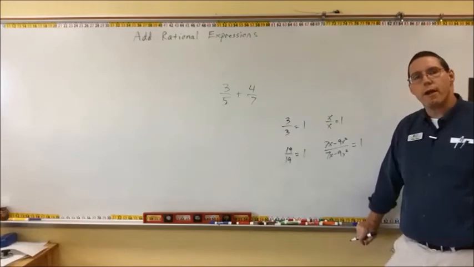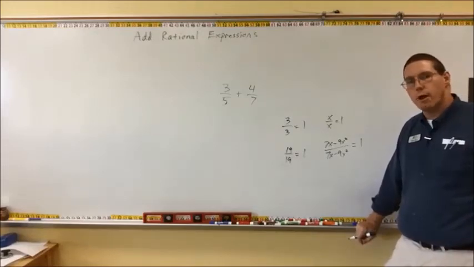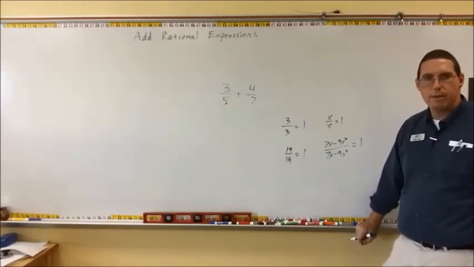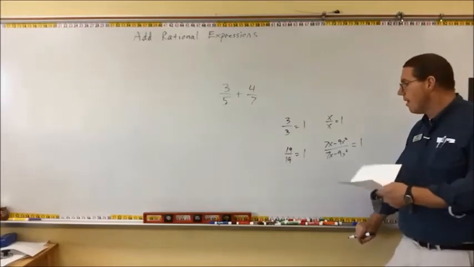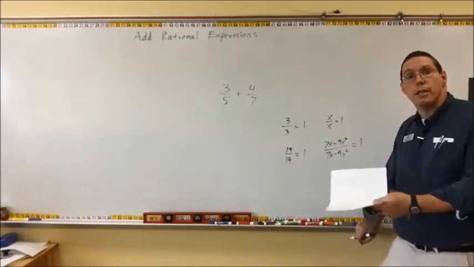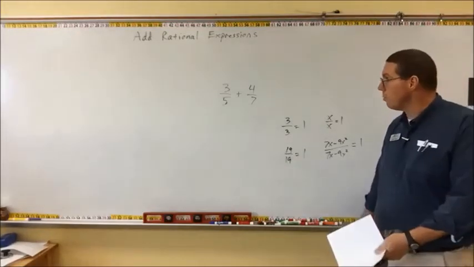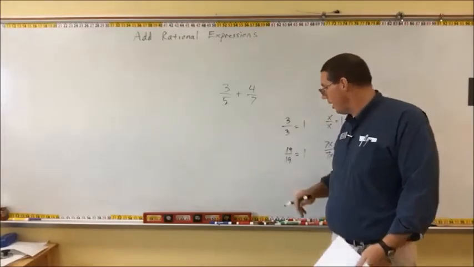As long as we create a fraction that has the same numerator and the same denominator, that fraction will equal 1, and then we can multiply it by the fraction that we have.